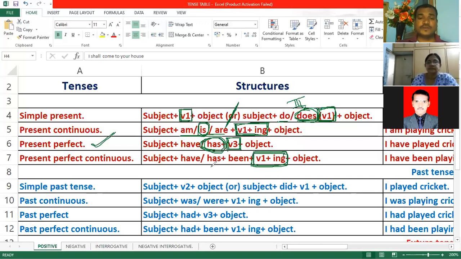And the second observation is perfect continuous. Whatever the perfect tense you are talking about, the same part, you have to add been. So for example, present perfect: I have. Perfect continuous in the sense, I have been, add been. If it is she has, then add: she has been.